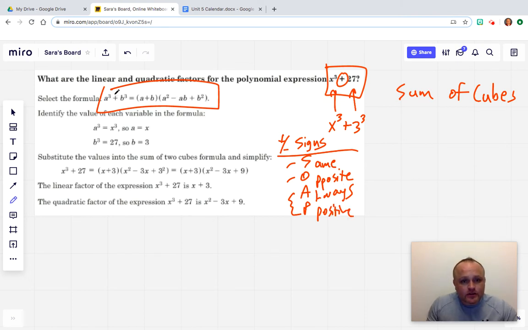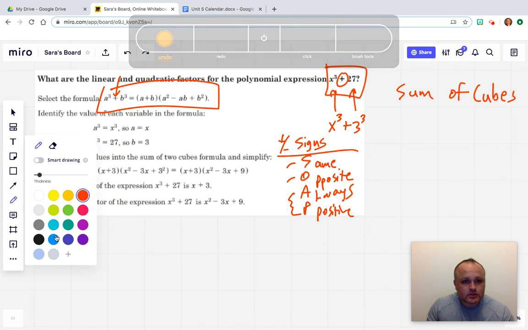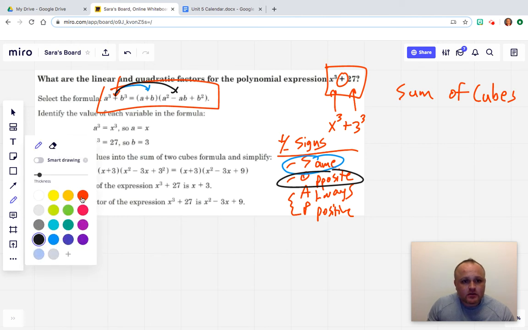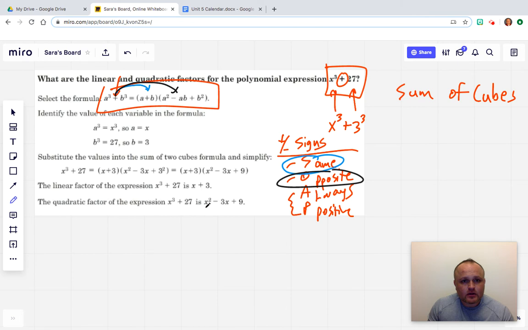So if I looked at this, and this was a positive here, it's the same. Let me do that better with colors. So the same sign, let's go with black. The opposite sign, which you see a negative, and then red. Always positive. So if this is positive, this is always positive, okay?